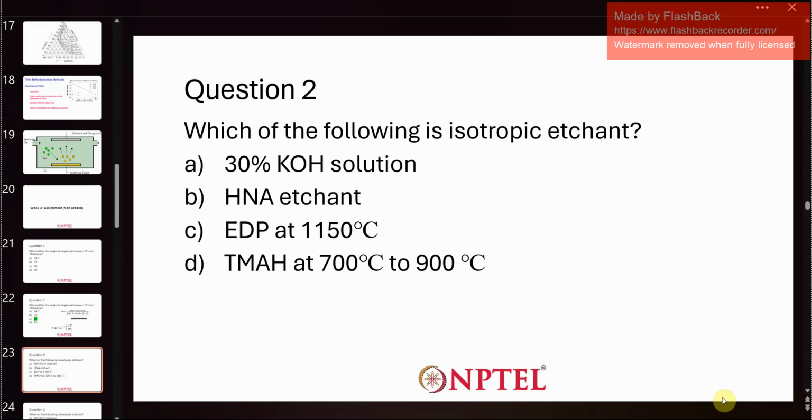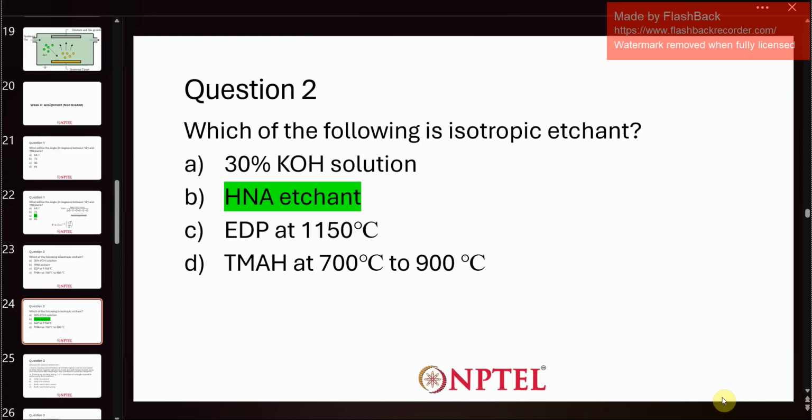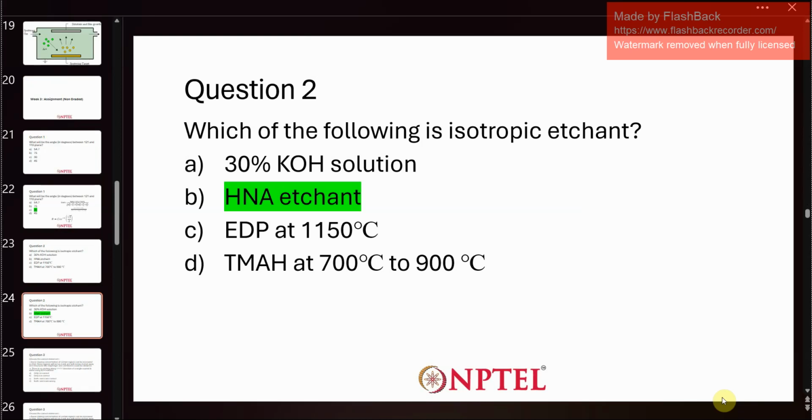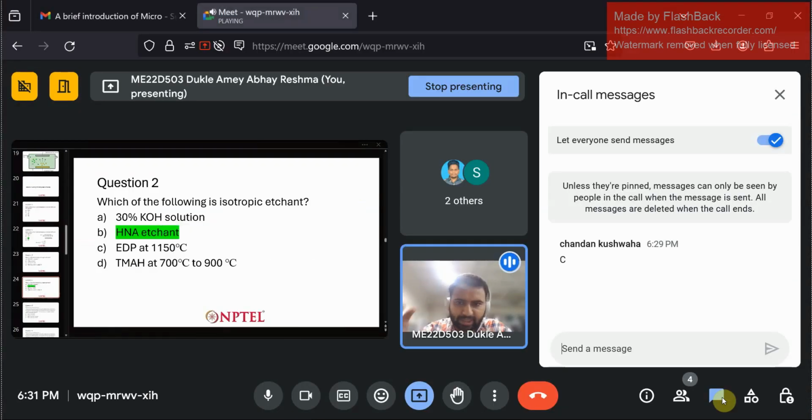KOH has plane-wise selectivity. TMAH similarly has plane-wise selectivity, because of how the crystal structure of silicon is, it has some kind of selectivity. There is only one etchant which has no selectivity at all. It will etch any plane. As I showed you in the etching diagram, there we had hydrofluoric acid.